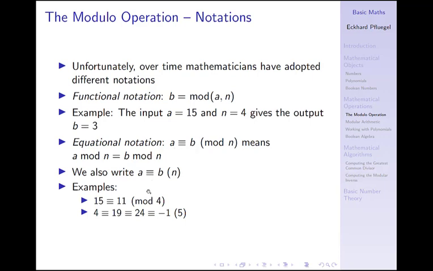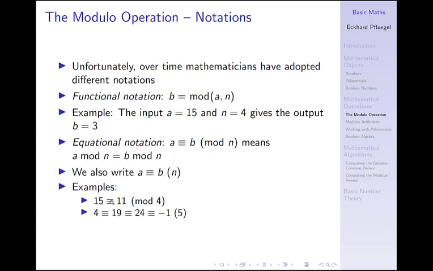And then the short form, to make matters even more perhaps confusing, is to just say A congruent B in brackets n. So you would still read it as A is congruent B modulo n, but what it means is that if you computed A mod n and write it down, then you compute B mod n and write it down as well, then those two numbers are the same.